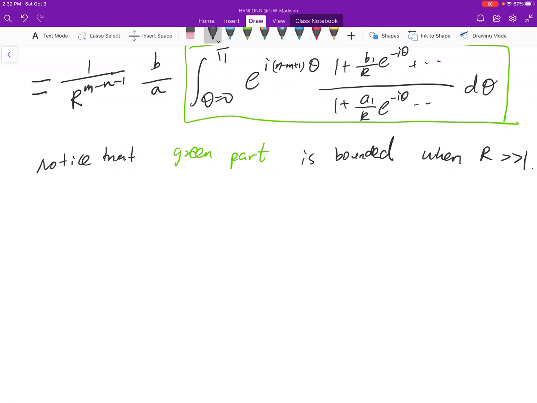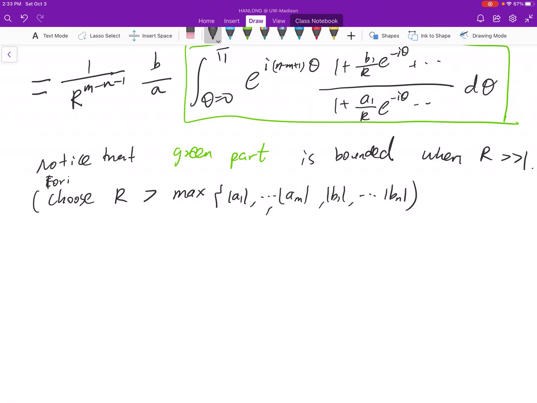For example, you can choose r greater than the maximum of the norms of a1 through am and b1 through bn. Then the absolute value of the green part is less than or equal to, you take the absolute value of the exponential e^{i(n minus m plus 1) theta}, it's 1.